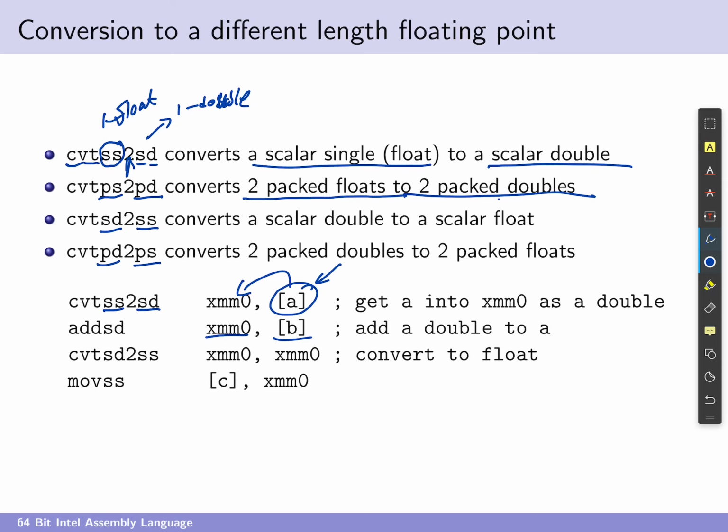So I can now perform my addition, and say I wanted to get the result back down to 32 bits because maybe that's what I needed its size to be. I'll simply convert from the scalar double to a scalar single, and now the bottom 32 bits of XMM0 are going to contain that floating point number, whereas before this instruction they contained the 64-bit version of it in the bottom 64 bits. Then I can simply move it out of XMM0 into C. Because it's a scalar single, it's going to just move the bottom 32 bits.